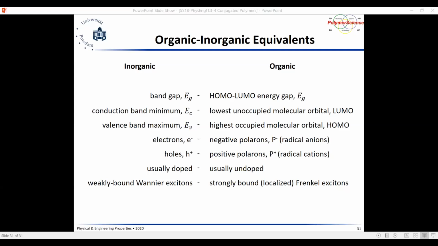In organics, we also refer to the band gap or energy gap, which is defined by the difference between the highest occupied molecular orbital HOMO and the lowest unoccupied molecular orbital LUMO. In organics, often we just directly talk about electrons and holes. And in organics, we have negative polarons and positive polarons.